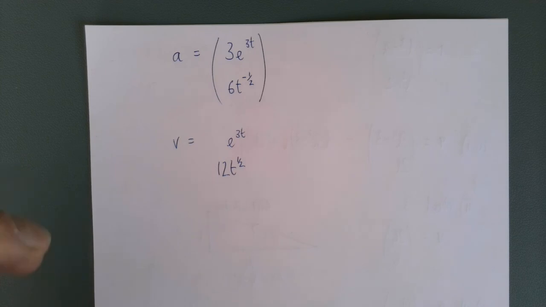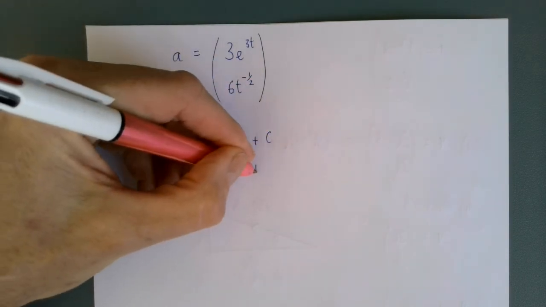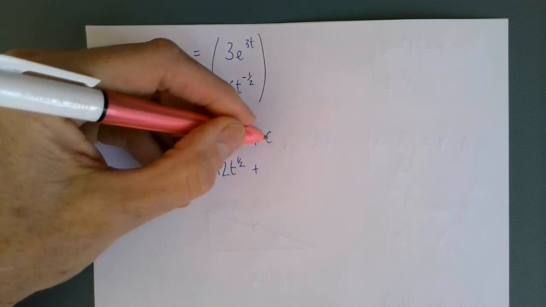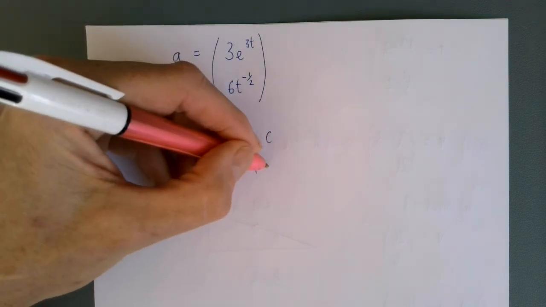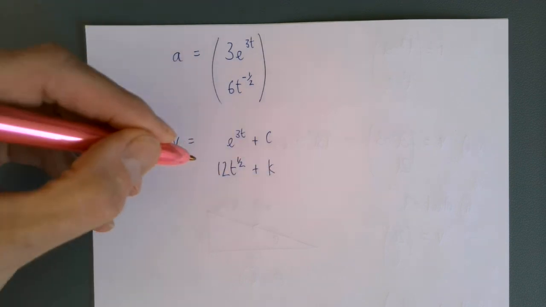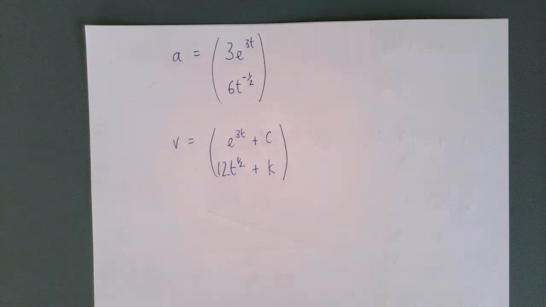But of course, when we integrate, both of these have got a constant, and there's a bit of an issue here, isn't there? Because this isn't going to be the same necessarily, so I'm going to call both constants something different. I note that the book does this slightly differently. It writes the constant as a separate column vector, which it then folds in, but I'm going to persist here.